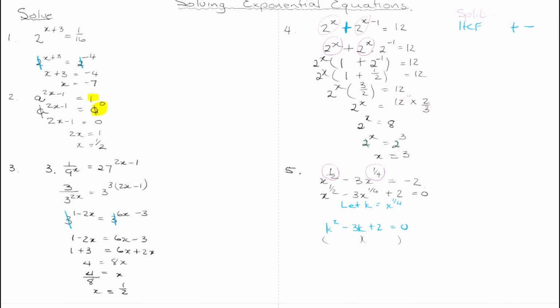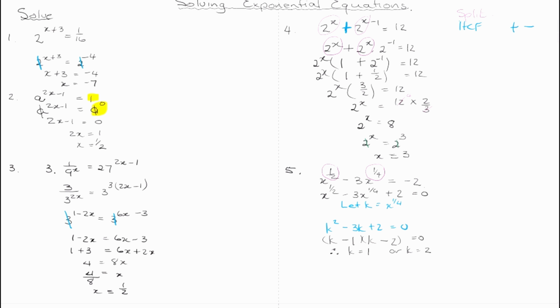So that's going to give me k, factors of 2 that add up to 3, 1, 2, and they've got to get to minus 3, so they're both negative. And therefore, from this one, k equals 1, and from there, k equals 2.